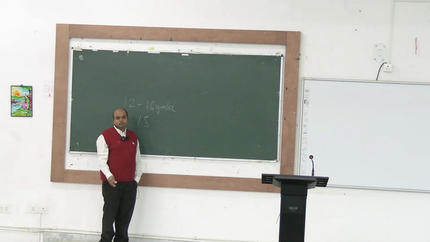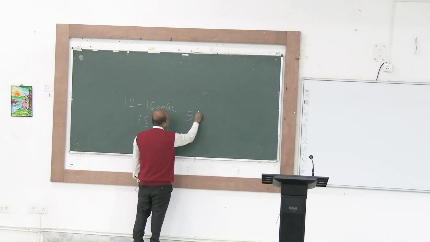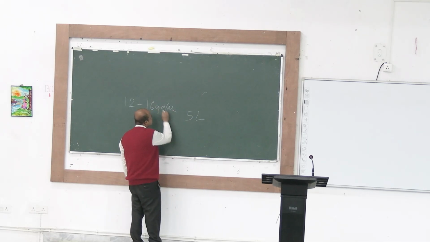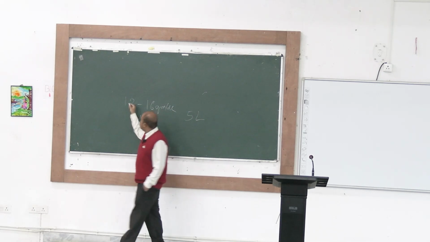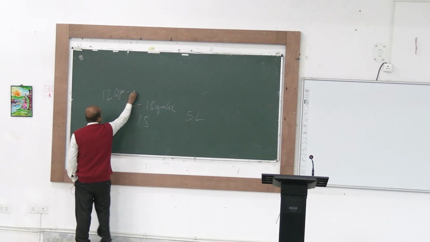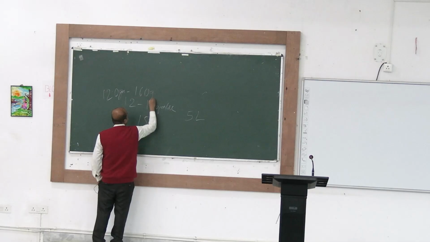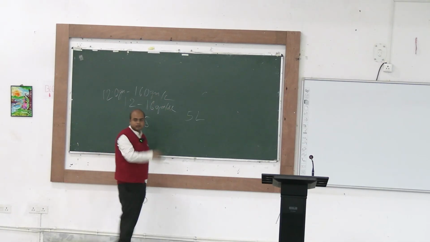This is very basic, very preliminary. How much blood in the body? Say 5 liters. If 1 dl has 15 gram, actually in the Western countries they express it in liters.